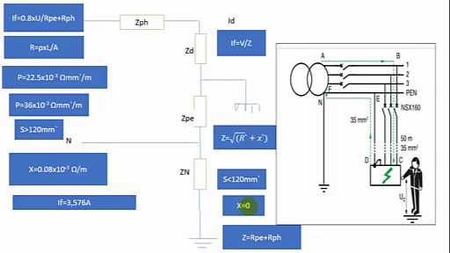We concluded the fault current equals 3576 ampere. It's very high. It's a short circuit.